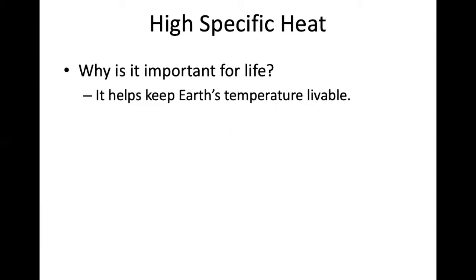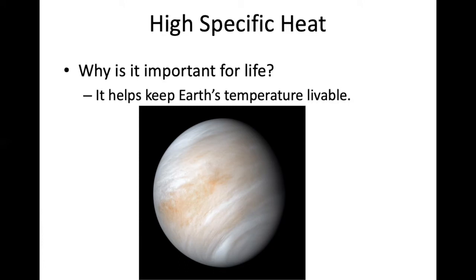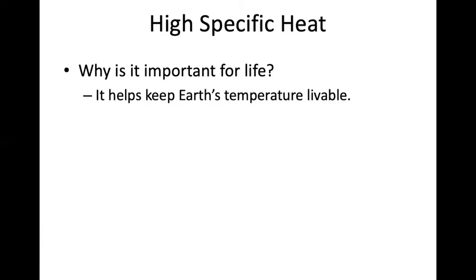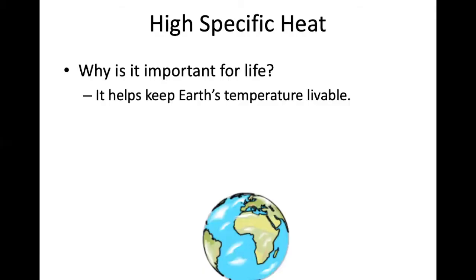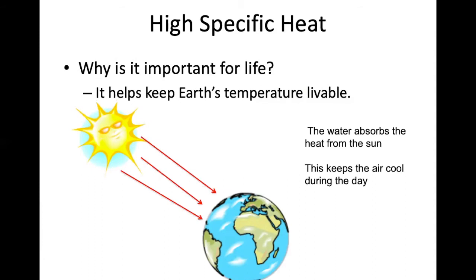Think of Venus. Yeah, I know, different planet altogether. You probably are picturing it. It's right next door to us, all right? And it does not have water on the planet. So it gets very, very, very hot on that planet. On Earth, though, we do have water. So all of that sunlight that should be cooking us, instead of heating us up, it goes into the water, and the water absorbs it without actually getting warmer.